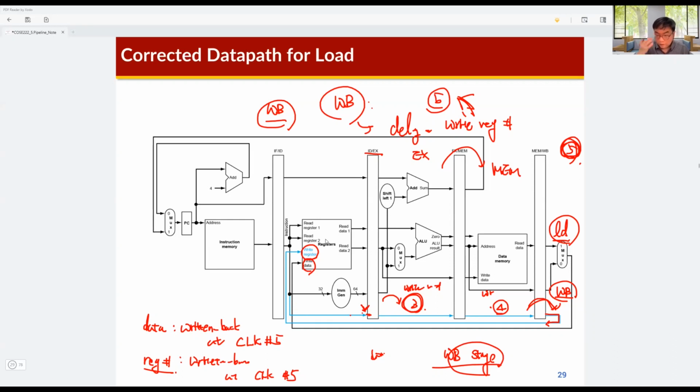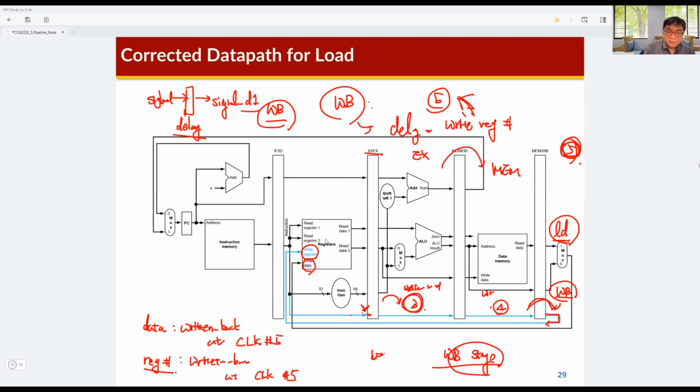So I mentioned the delay. If this signal goes through this pipeline register, it is said that this signal is 1 clock delayed. So this is some signal, and then the signal is delayed by 1 clock.